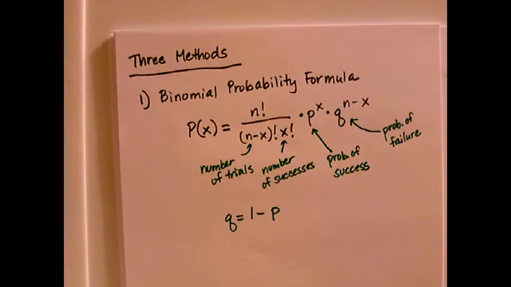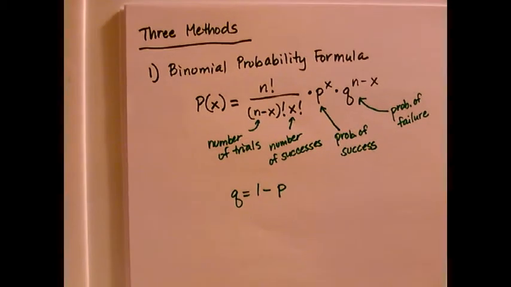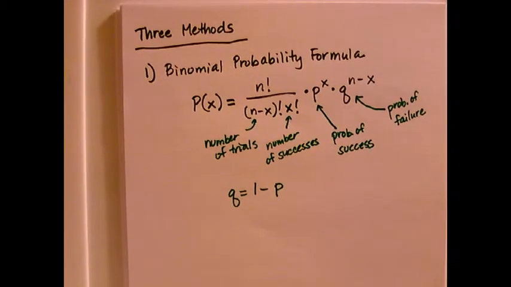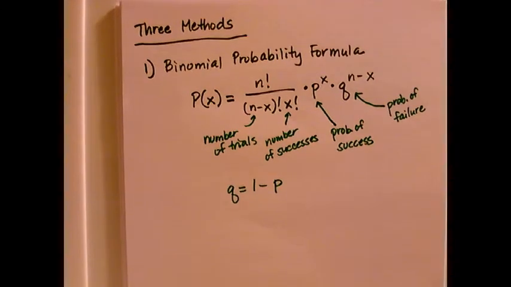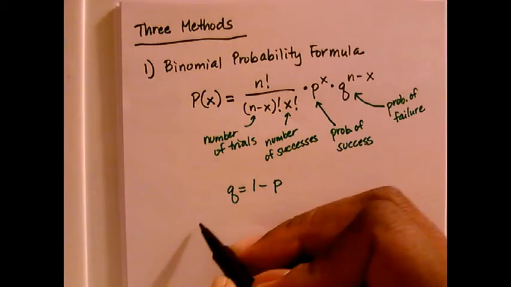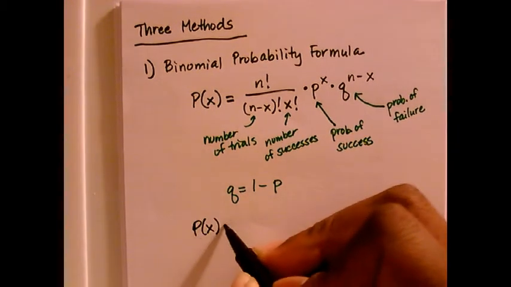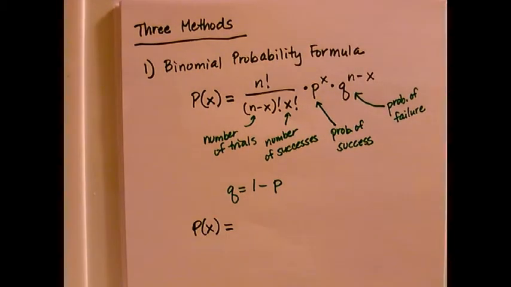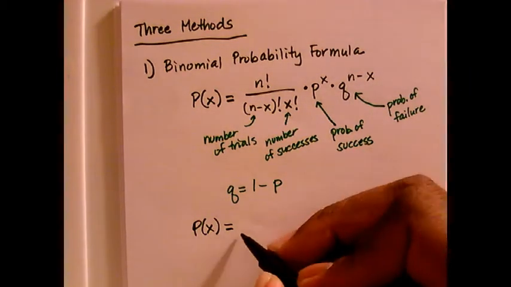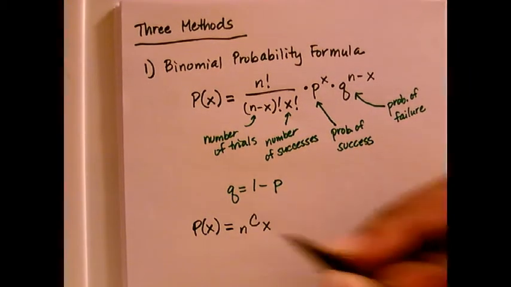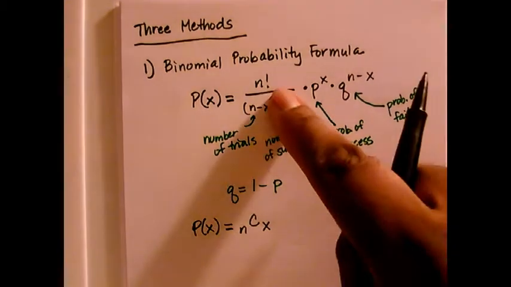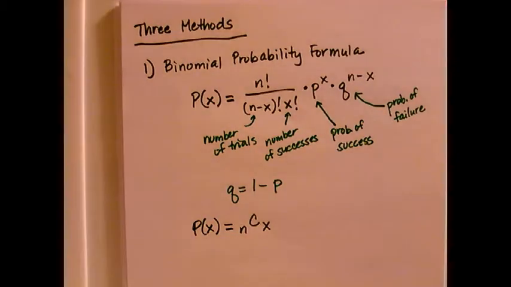And I'm going to kind of alter this a little bit, because that n factorial divided by n minus x factorial times x factorial, that looks like a combination type formula. So if I was to rewrite this in an alternate way, then probability of x would be this, nCx, because this formula is the combinations formula.